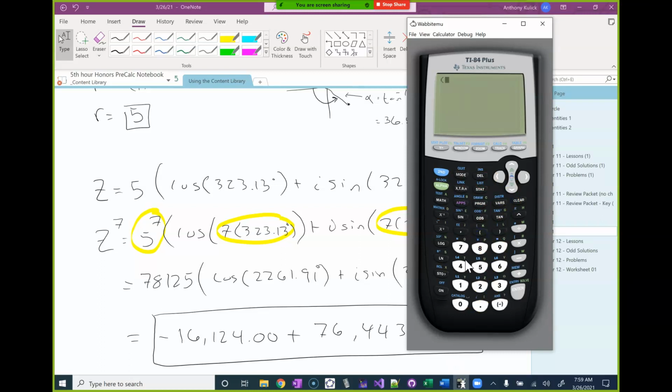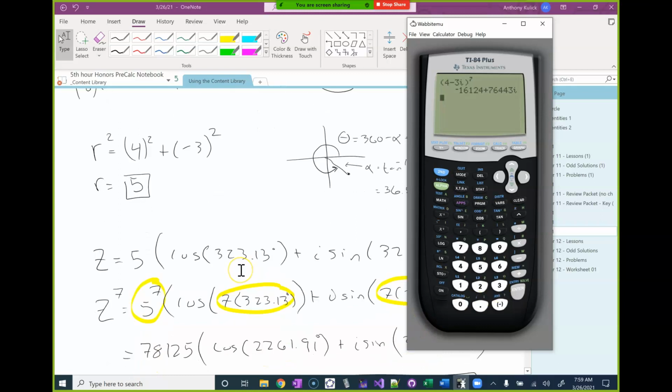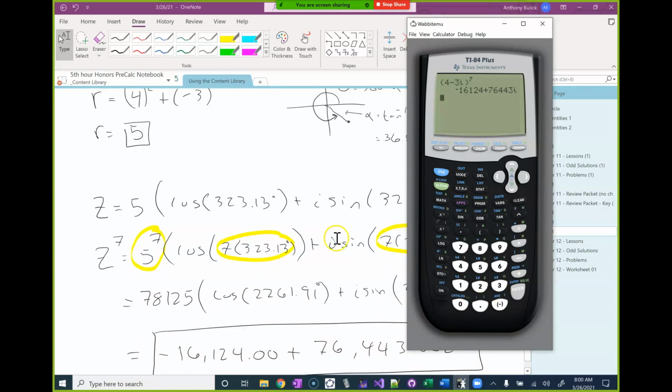They're using a bunch of really sneaky and clever shortcuts so that it doesn't have to do so much computationally. And where is the i on this thing? It's second and then the decimal point. And there's our answer, which is exactly what we wrote down, negative 16,124 plus 76,443i. So that's a good check, which is nice to have, right?